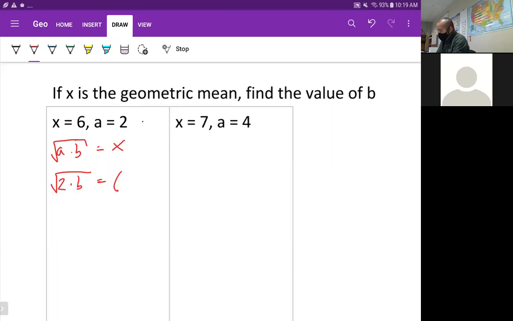So these are the steps you have to do. You square both sides. So it's going to be 2 times b equals 36. Then you divide by a. Divide by 2, divide by 2, you get b equals 18.